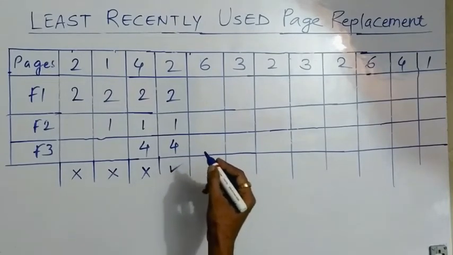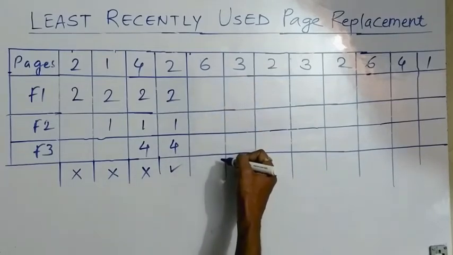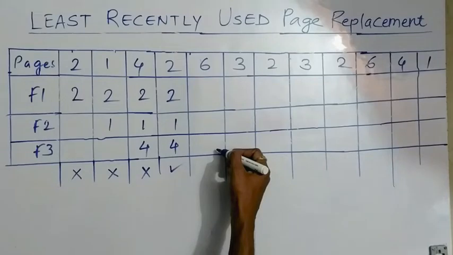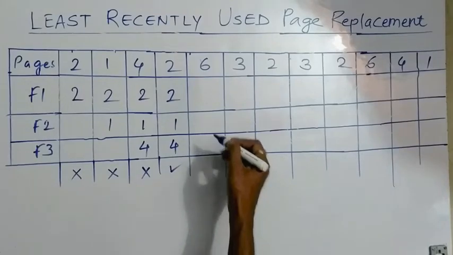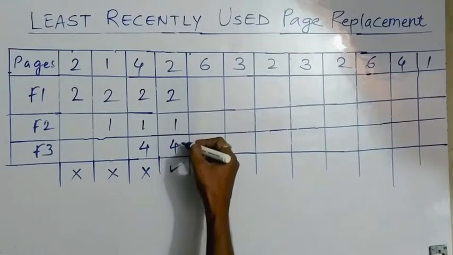Now page 6 is coming inside the main memory system, and here we are supposed to start our algorithm. It is least recently used. The least recently used algorithm says that out of the pages inside the main memory, 2, 1 and 4, we must find the page which we used earliest.